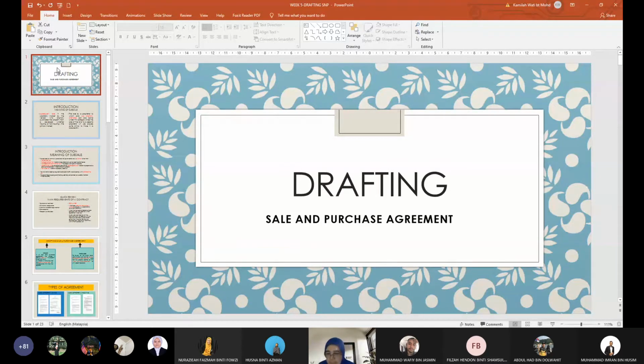So as we have learned earlier, for the sale and purchase direct from the developer, housing developer, there is no need for the lawyer to draft the SPA because we are using the statutory SPA in the Housing Development Act, the schedule at the back tu.